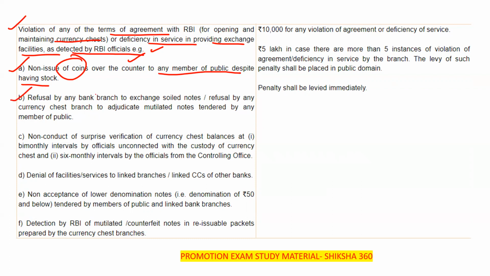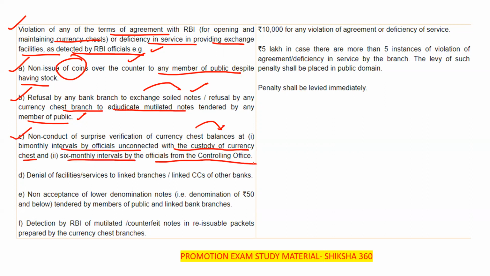Second one, a refusal by any currency chest branch to exchange soiled or mutilated notes tendered by any member of the public. Third, non-conduct of surprise verification of currency chest balances at monthly intervals by officials unconnected with the custody of currency chest, or at 6 monthly intervals by the officials from the controlling office.